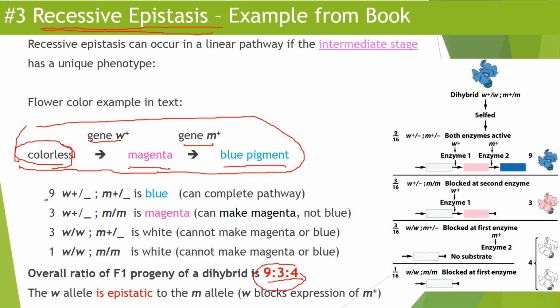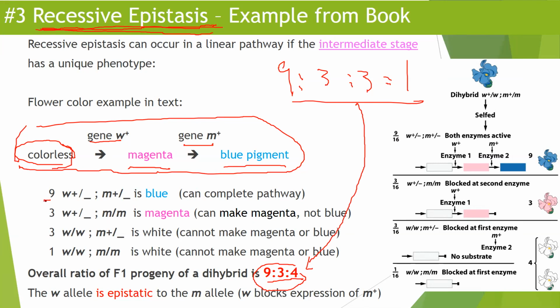So if you do the dihybrid cross, this 9 to 3 to 3 to 1 ratio must be the result from the dihybrid cross. But how can we link this 9 to 3 to 3 to 1 to this ratio? This is the mechanism.